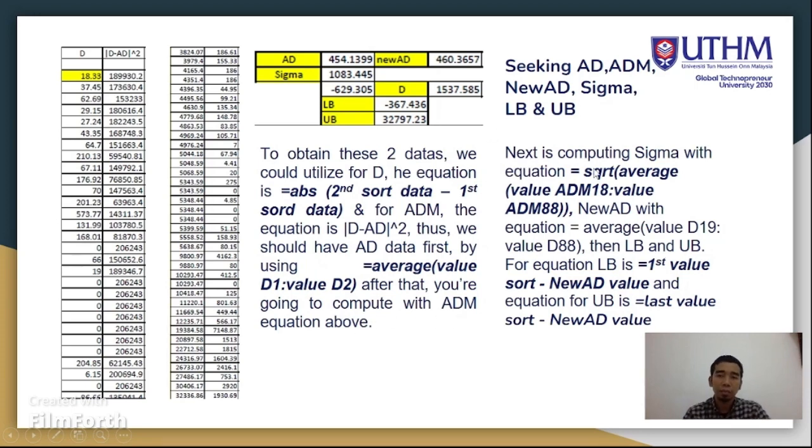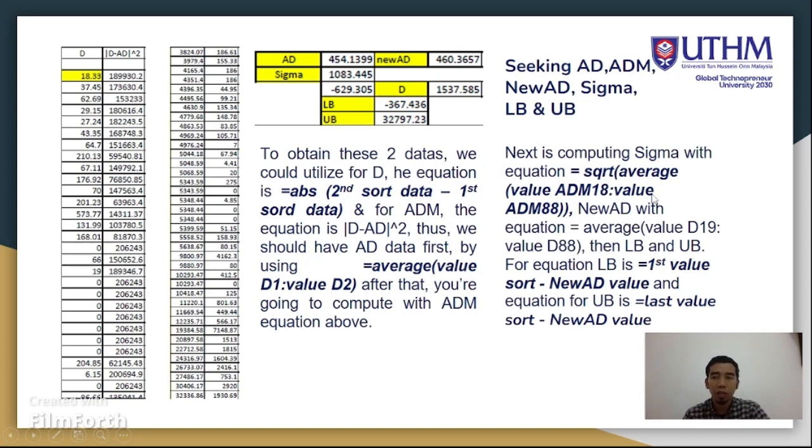Next is computing sigma with equations. This is the AD data, the absolute data, this is the sigma data, and low bound and upper bound data. For sigma, we can use equals SQRT, square root, relating to value ADM, from the first data until the end of data.